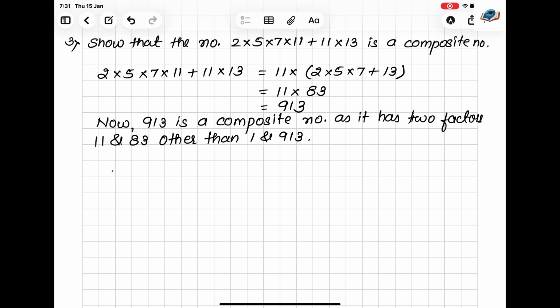So therefore 2 into 5 into 7 into 11 plus 11 into 13 is a composite number.